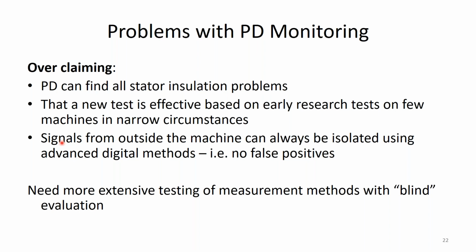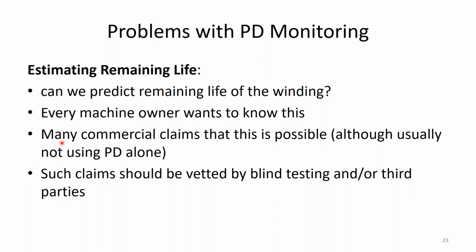There's also false negatives. So when people are proposing new methods, new technology and stuff, make sure it's gone out and been validated first. You don't want to be the guinea pig, okay? And it should be validated by independent third parties.